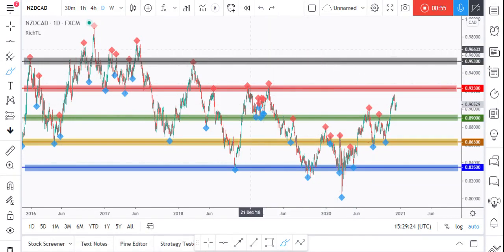And those who know me know that I only draw my support and resistance from daily and weekly time frames. As you can see, here we have NZDTK daily time frame, and I have already drawn my support and resistance. We'll be using these support and resistance, or what I call key rejection levels, to look for potential buy and sell setups on lower time frames like H4, H1, and M30.